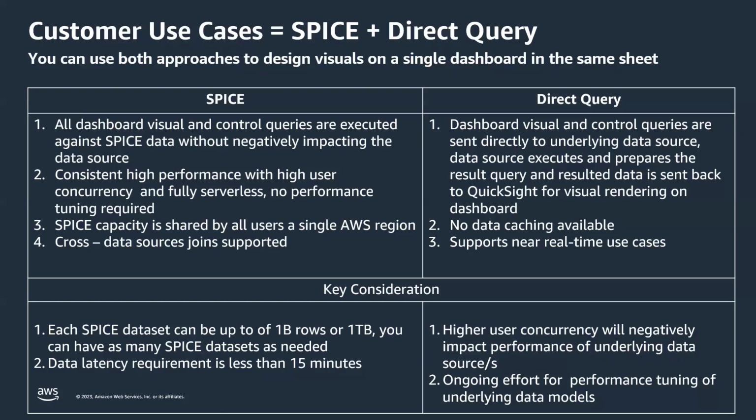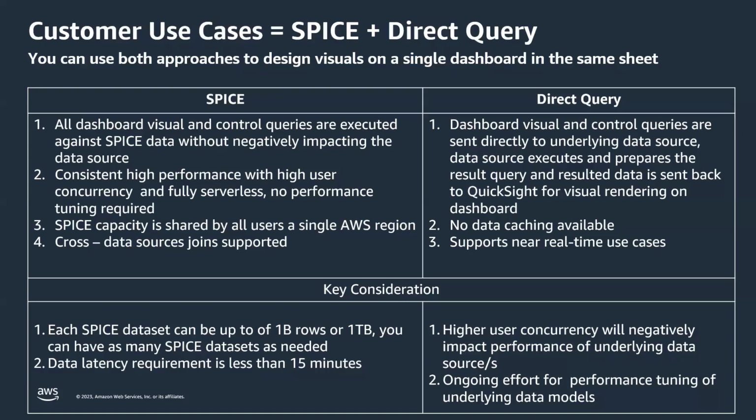Some considerations when you're choosing Spice, direct query, or a combination. As I mentioned, with Spice, each data set can have 1 billion rows or 1 terabyte in size. That's a lot of data, but that is the capacity limit. And you can create any number of data sets you like, subject to Spice capacity, right?